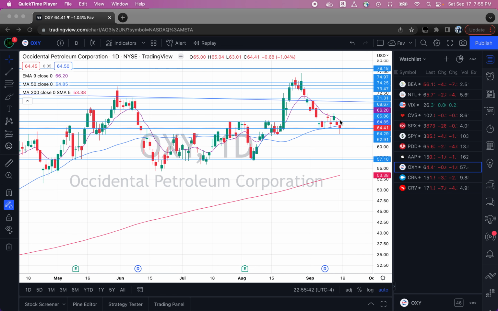I held it because there's still a lot of time for the expiry. I was hoping that it will break this 50 MA, and it did. And this was my previous target. It almost tagged it the other day, and I sold that, although it's not too much profit. I think I sold it for 20% profit or so. But I was down more than 50% on this, and I sold it for a profit later.